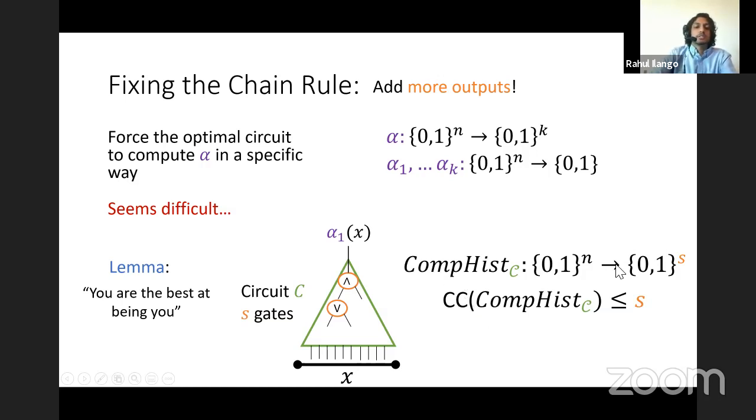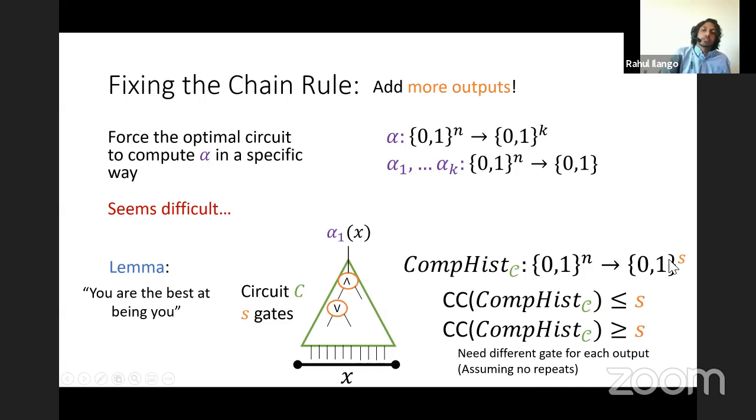Each one of these outputs is computed by a gate, essentially by construction. So we know that the complexity of computing this computational history function is at most S. On the other hand, it can't be any less than S, because there are S outputs, and as long as those S outputs are distinct, that is, as long as there are no redundant gates in this circuit, you're going to need at least S gates to compute S different functions.